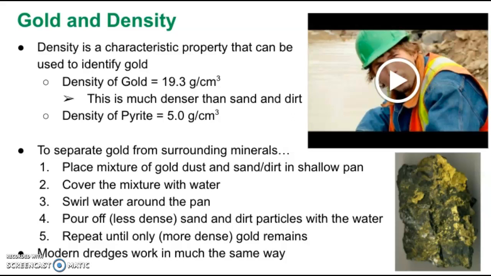They use huge pieces of machinery called dredges, but those dredges work in much the same way. You have a huge container that you put all of these mixtures, water, sand, dirt, gold dust, all that stuff together in, and it's basically just swirled around, and the gold sinks to the bottom, and the sand and the dirt is eliminated with the water off at the top.